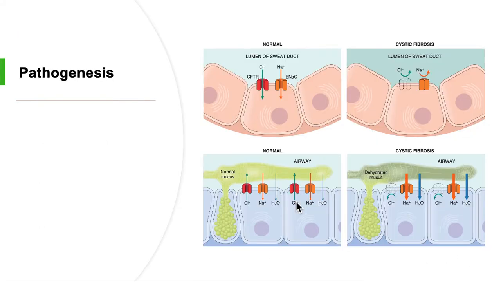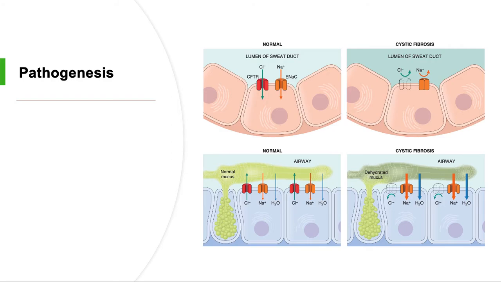The primary defect in cystic fibrosis is reduced production or abnormal function of an epithelial chloride channel protein encoded by the cystic fibrosis transmembrane conductance regulator (CFTR) gene.